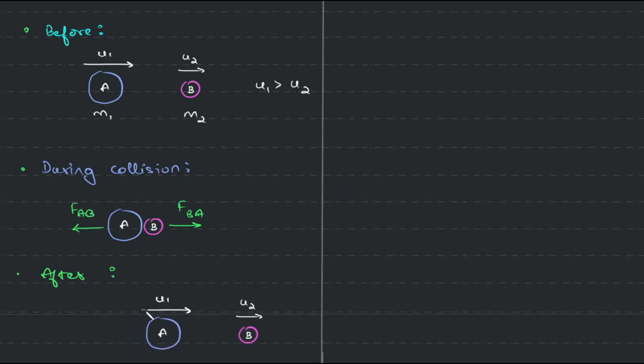Say after the collision, this is a small v and this is a larger velocity. This is v1 and this is v2. Okay, guys, commonsensical, right? All of this is quite commonsensical.